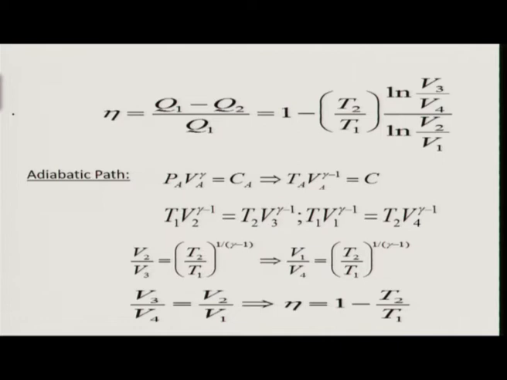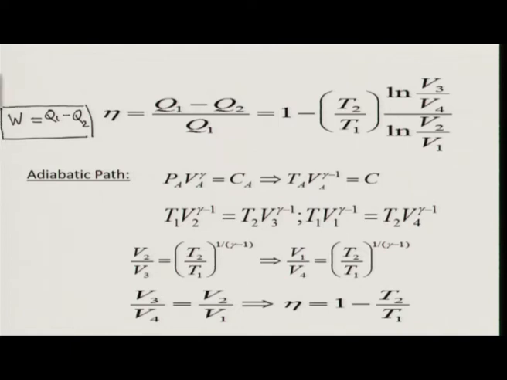Efficiency of a Carnot engine is work done by Q1, but conservation of energy tells me W should be equal to Q1 minus Q2. If I use this, though I have calculated the work done, this work done is not at all necessary for my purpose.